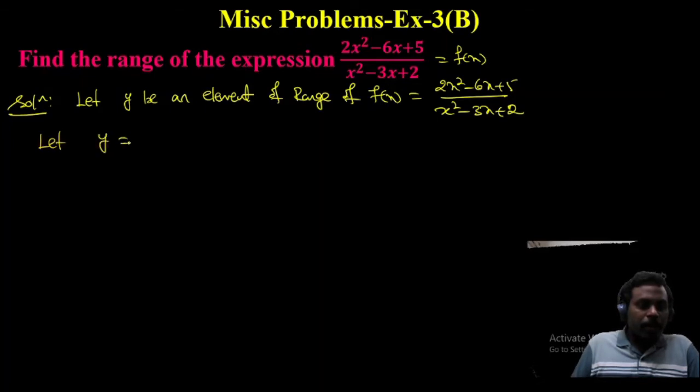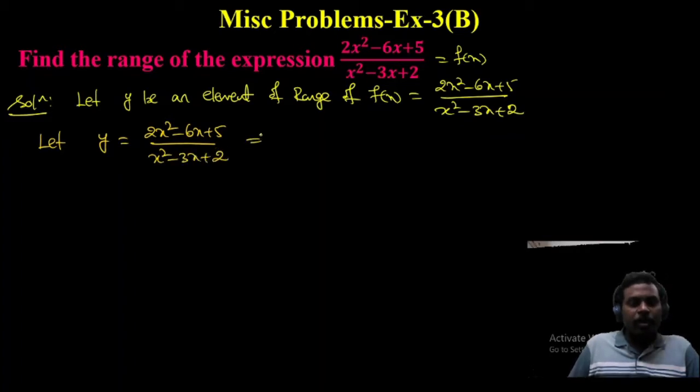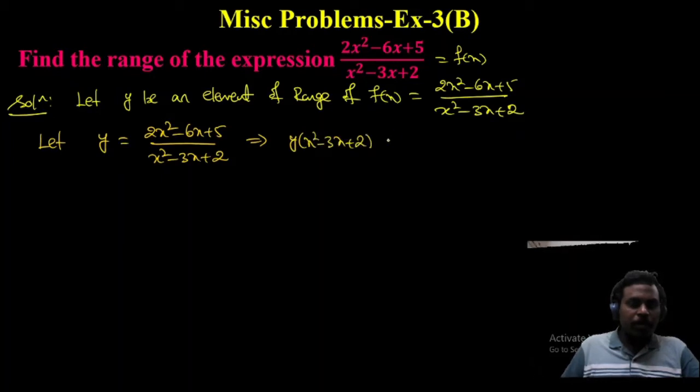Let y be equal to 2x square minus 6x plus 5 divided by x square minus 3x plus 2. Upon rearranging the terms, what do I get is y into x square minus 3x plus 2, I am writing as it is, equal to 2x square minus 6x plus 5. So if I rearrange the terms, what am I going to get?